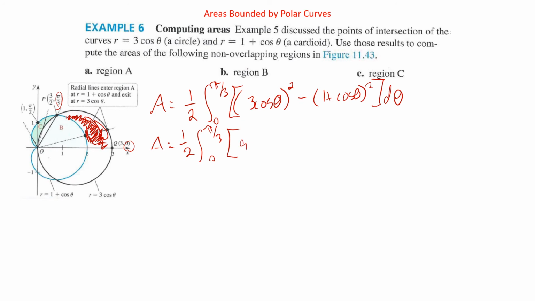This will be 9 cosine squared theta minus 1 plus 2 cosine theta plus cosine squared theta is what that one will look like.